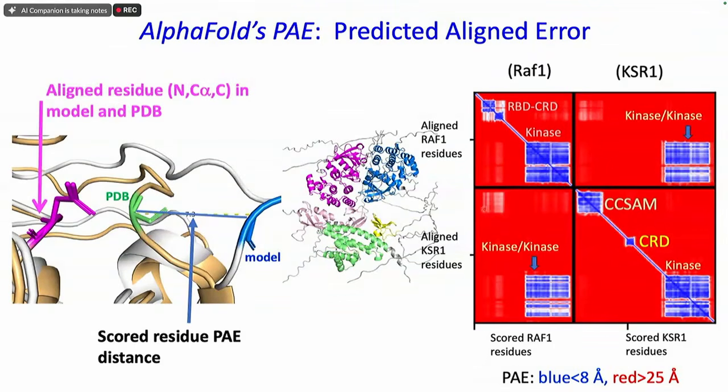Whereas there is very little interaction of, say, the CC-SAM domain with this other domain up here, or the CC-SAM domain with the kinase domain. So there's very little interaction of the other domains or the disorder between the proteins other than kinase domain to kinase domain. And it's not quite symmetric, but it's almost symmetric. Here's kinase-kinase domain, RAF1, KSR1. Here's kinase-kinase domain, KSR1, RAF1.